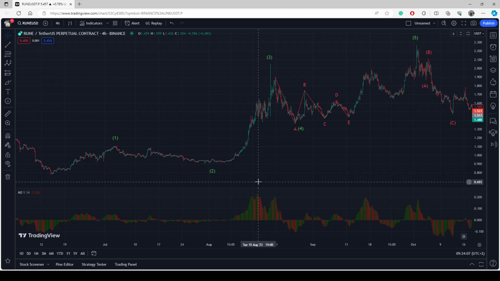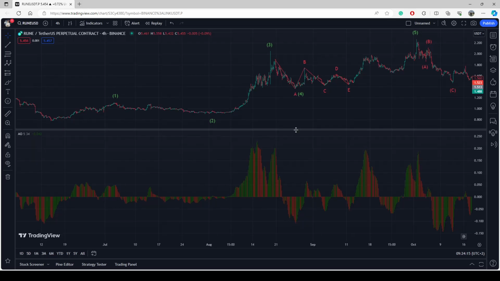Okay, so the first point, when you open the chart, I want you to look more at the AO indicator rather than the price. We need to identify the lowest extremums of the AO indicator if we are in a bearish cycle, and the highest peaks if we are in a bullish cycle. So we need to find the highest extremums on the indicator.